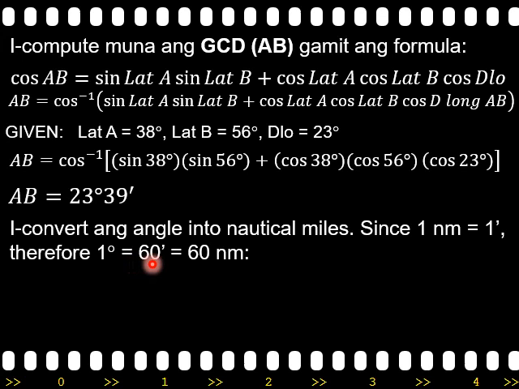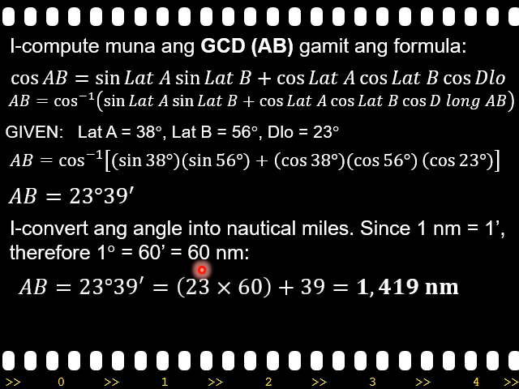Kaya therefore, diba alam natin ang 1 degree is equal to 60 minutes. Kaya ibig sabihin na 60 minutes is equivalent to 60 nautical miles. Kaya gagawin natin itong 23, multiply natin sa 60 para malaman natin kung ilang nautical miles plus, ayan, so yung 39 minutes, obviously, siya rin is equivalent to 39 nautical miles.